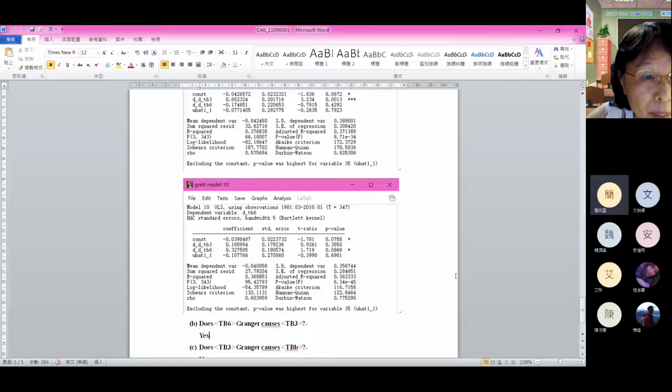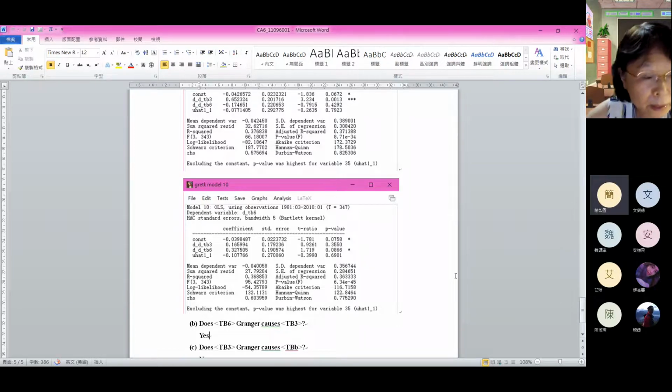And the second one, although the TB6 is significant, the U hat here is not significant, but you do need to do the joint test for both of them. You cannot just look at this TB6 only.